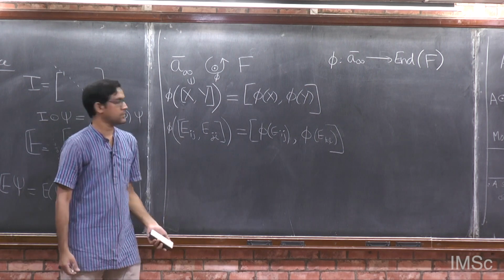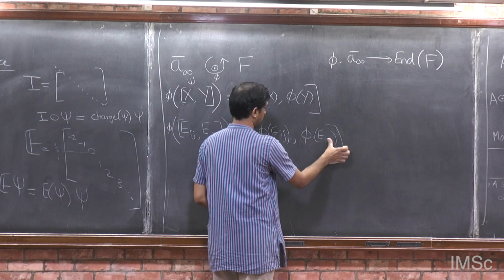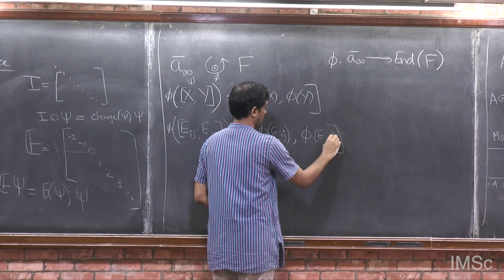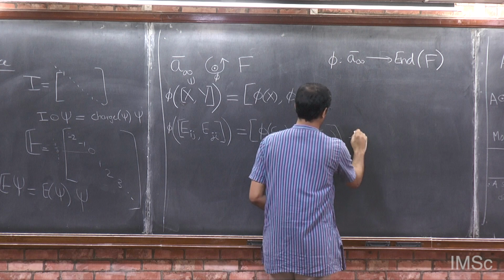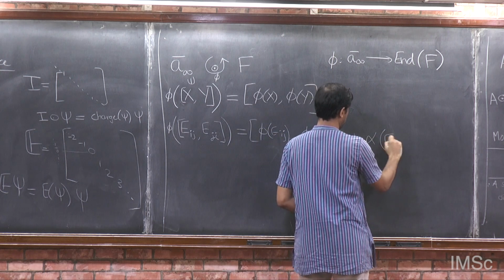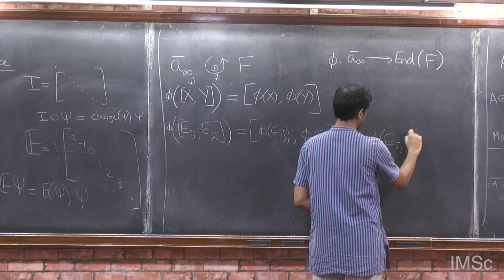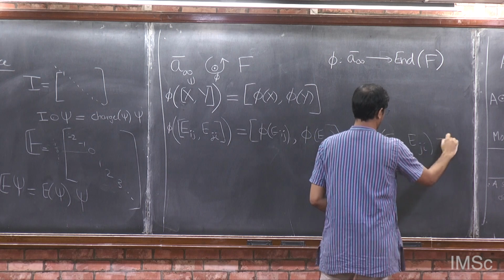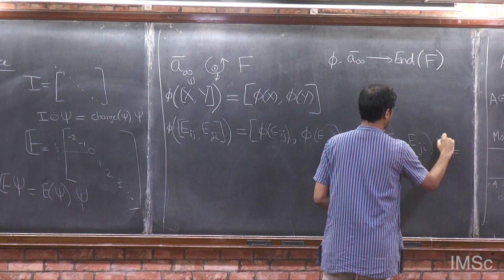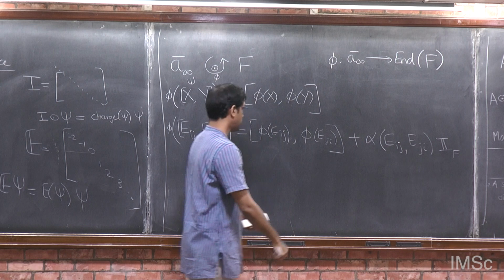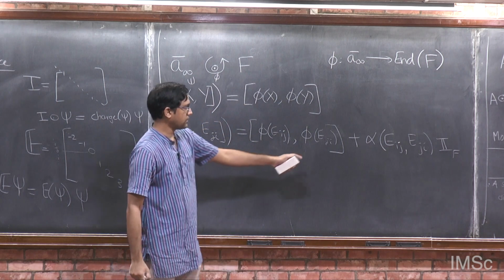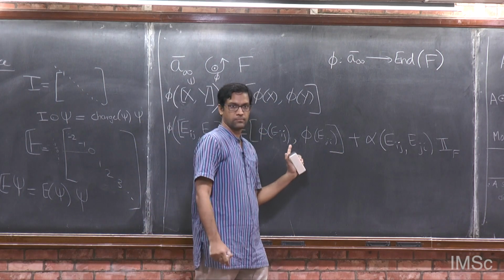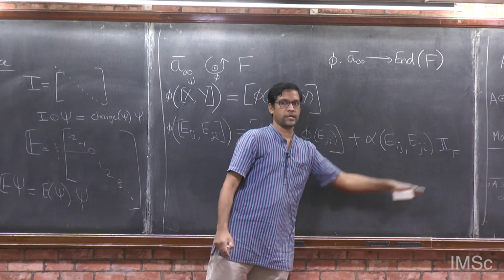You don't quite get the thing on the right hand side, but what you get is just a deformation, a slight change. This is the identity operator on F. It turns out that what you get is off from this by a 2 cocycle.